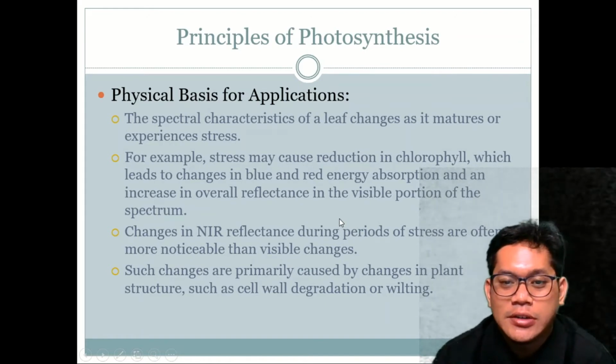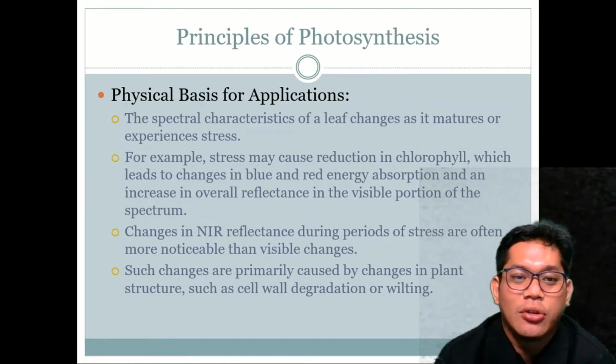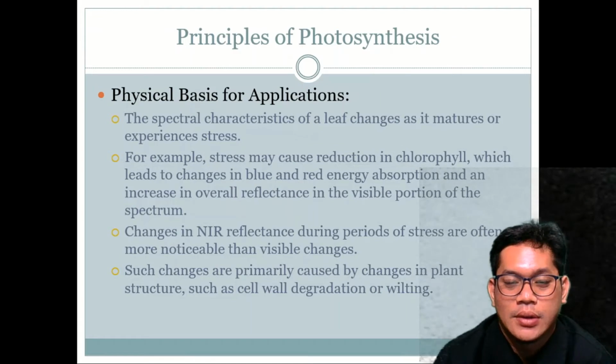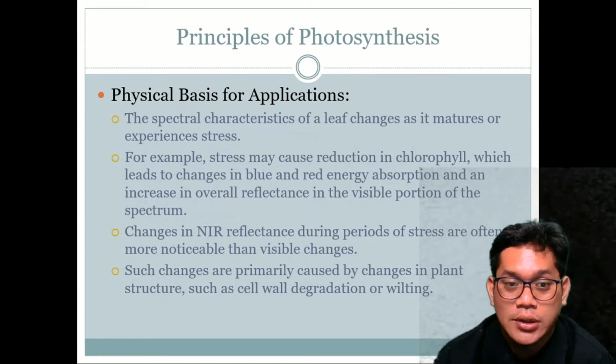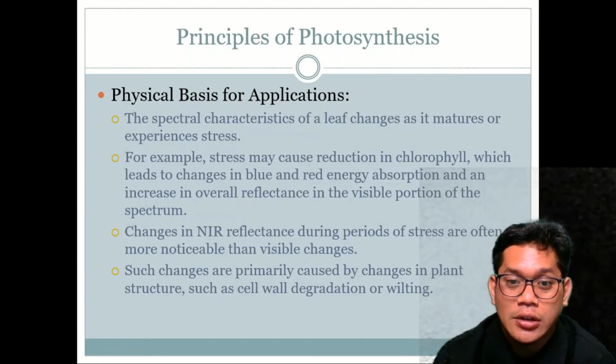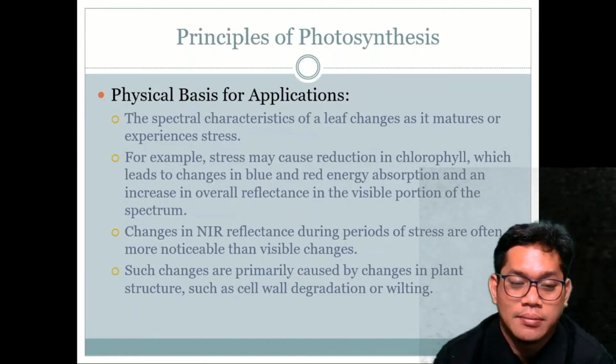So the spectral characteristic of the leaf changes as it matures or experiences stress. Okay, for example, stress may cause a reduction of chlorophyll. Therefore, the green color will change and become brownish due to some red and blue being reflected.